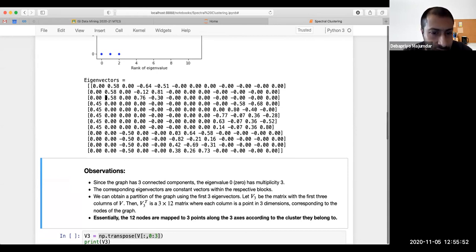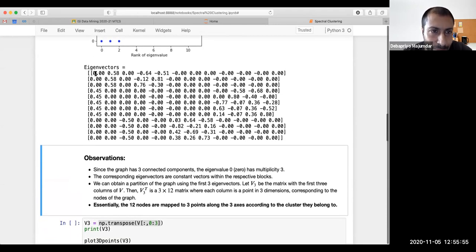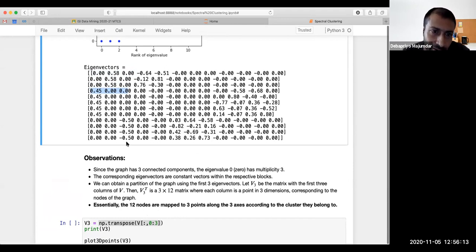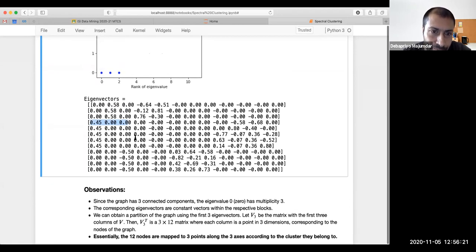3 different components, right? So we can simply take the row vectors. So this is the first node, this is the second node, this is the third node, this is the fourth node, and so on. So if we take the first three eigenvectors and construct that as a matrix V3 and take the transpose of V3, then we'll get a 3 cross 12 matrix, and then it gives us a very clean partition.